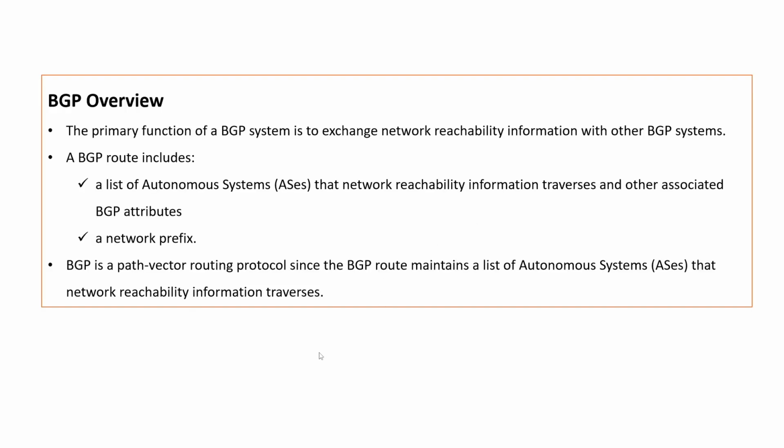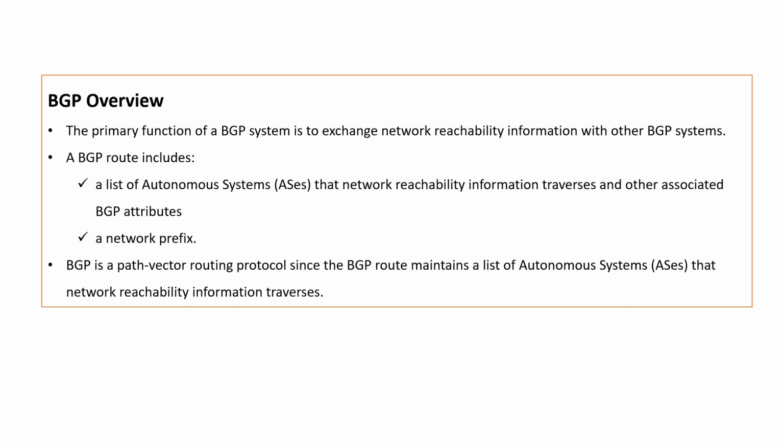In this video, we will give the overview of BGP. The primary function of a BGP system is to exchange network reachability information with other BGP systems. A BGP router includes at least two categories of information.